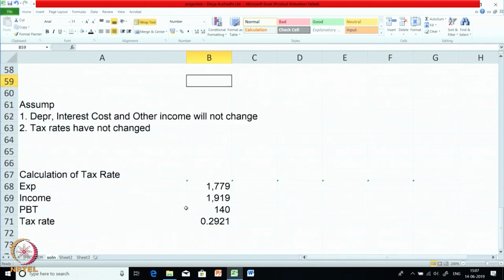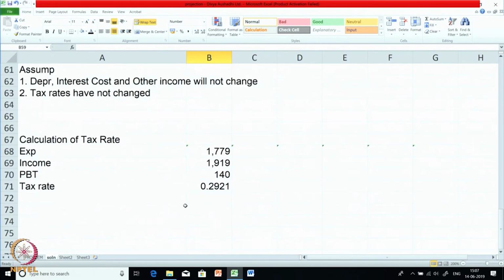Okay. And how much was last year's profit after tax? Just for the sake of calculation we will calculate it here. 41 was the tax.